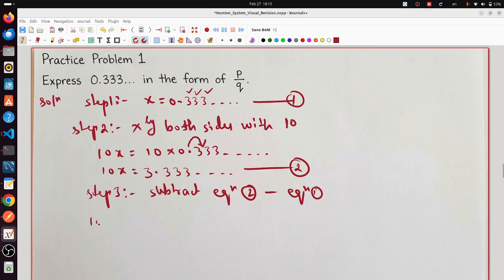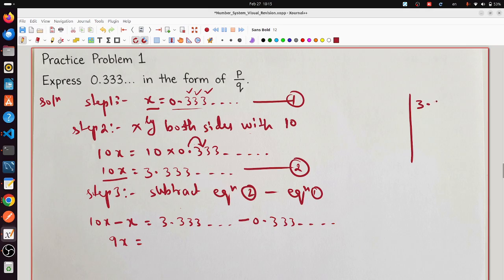What will we get? 10x minus, this is equation 2, right? 10x minus, what is equation 1? x. LHS side we will consider first, then RHS side. Now we have 3.333 dot dot dot minus, in RHS equation number 1 we have 0.333 dot dot dot. 10x minus x is 9x equal to, see here, if you are getting confused, I will solve it here like 3.333 dot dot dot minus 0.333 dot dot.